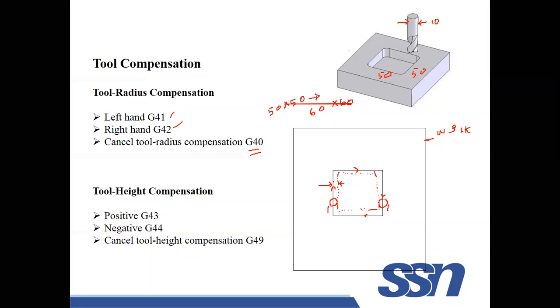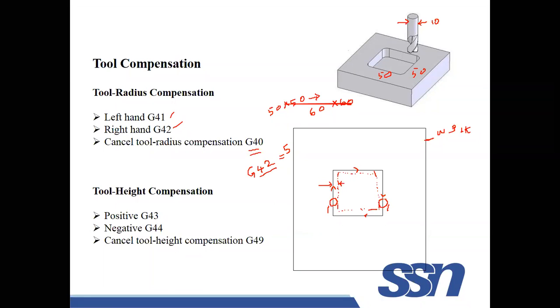Your face is facing towards this arrowhead. This will be the right hand side. In this case, you have to invoke the right hand offset, G42. G42 means you can make a program for the profile like this. You have to invoke G42 and give the offset value as 5, so that while the machining is performed, it will not follow this path, it will follow this path.